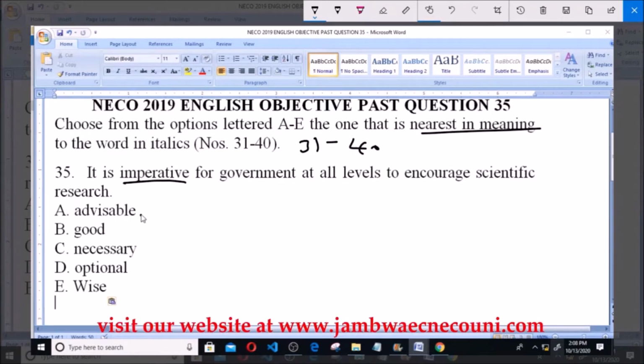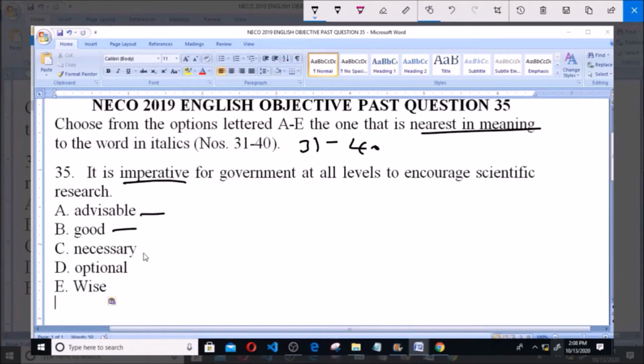A says advisable, B says good, C says necessary, D says optional, E says wise. And when we talk of wise, it is synonymous to smart. Optional is synonymous to alternative.